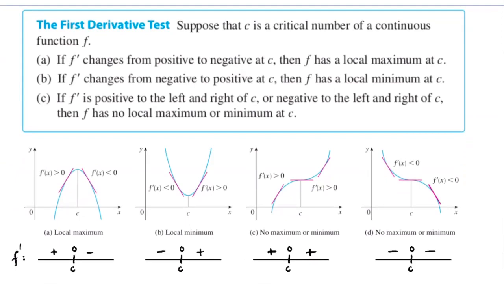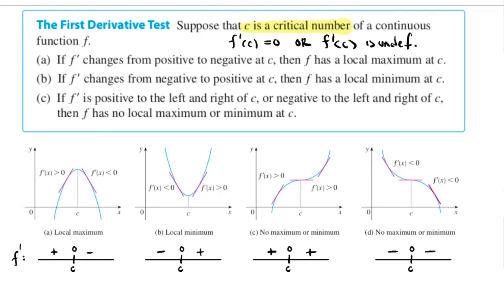It says that if you have a critical number, good or bad, so remember what that means. It means that the derivative of f is either 0 there. Sorry about that. f prime of c is equal to 0, or f prime of c is undefined.